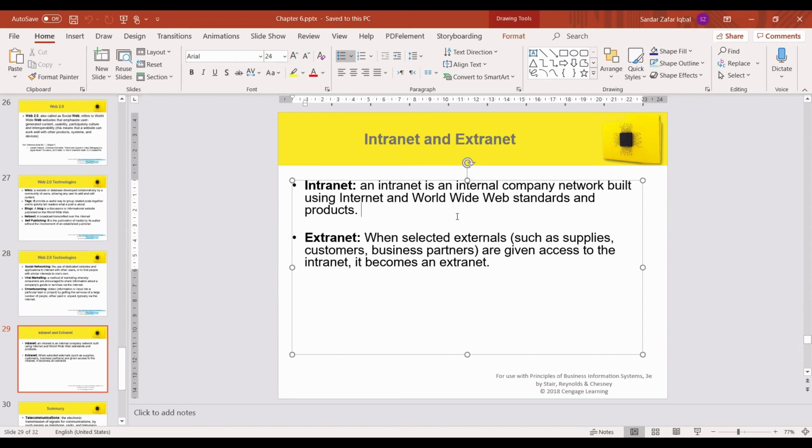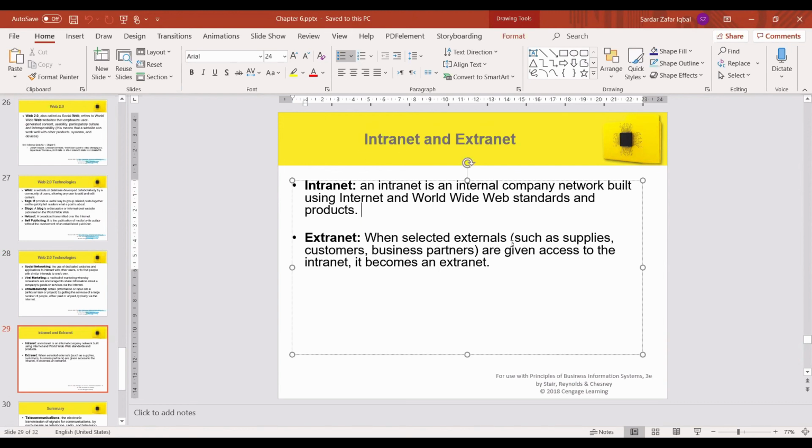You can create your own internet for your organization. So this is called intranet. That will be specially designed for your organization, especially the military related or defense related organizations. They don't want to share anything outside, so normally they work in this kind of environment. Many organizations are using this intranet.